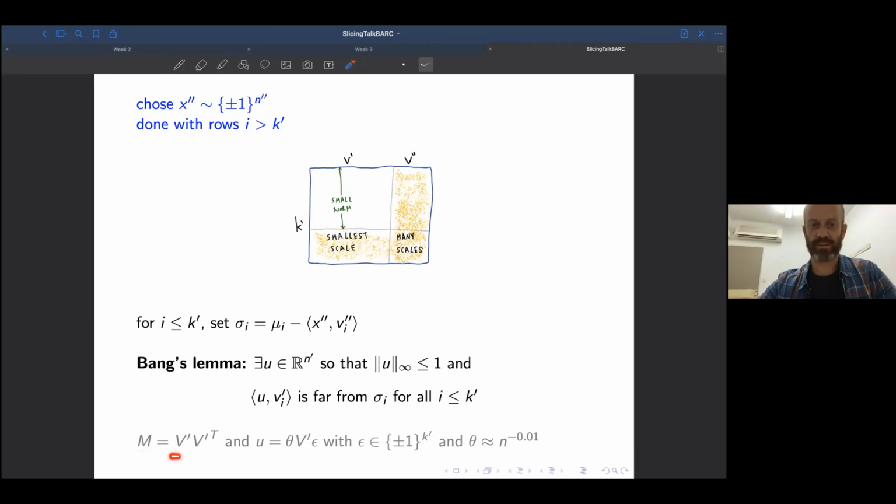So this is a symmetric matrix with ones on the diagonal because we normalized the norm to be 1. Now, what does Banks' lemma tell us? It tells us that there is some sign vector such that if we multiply the matrix by this sign vector, we are far from all the mu i's, from all the sigma i's, sorry.